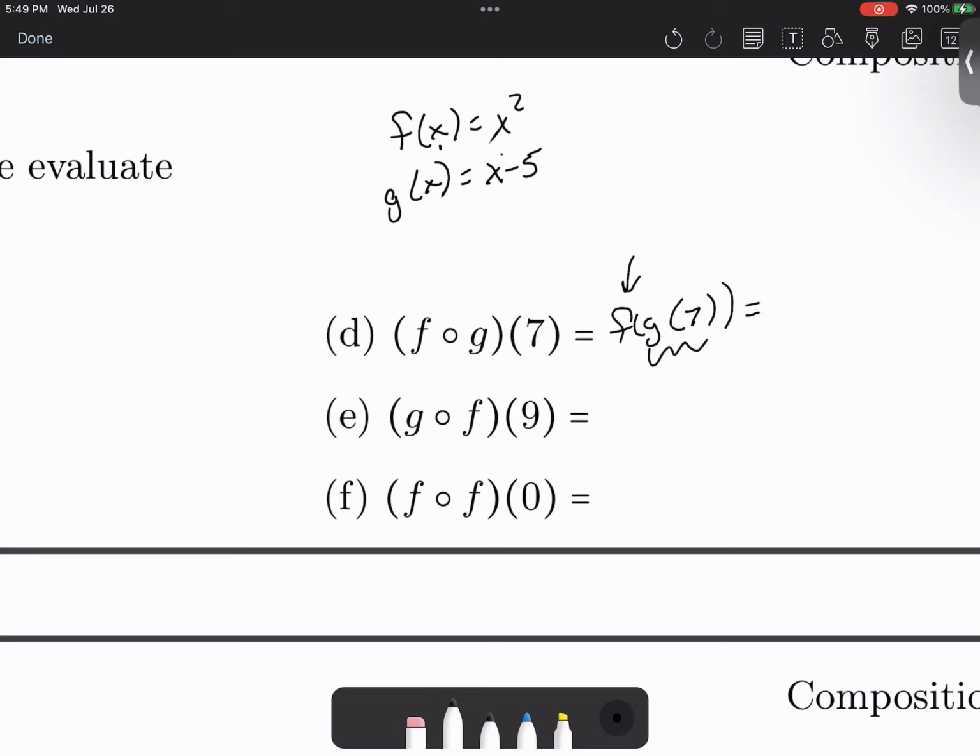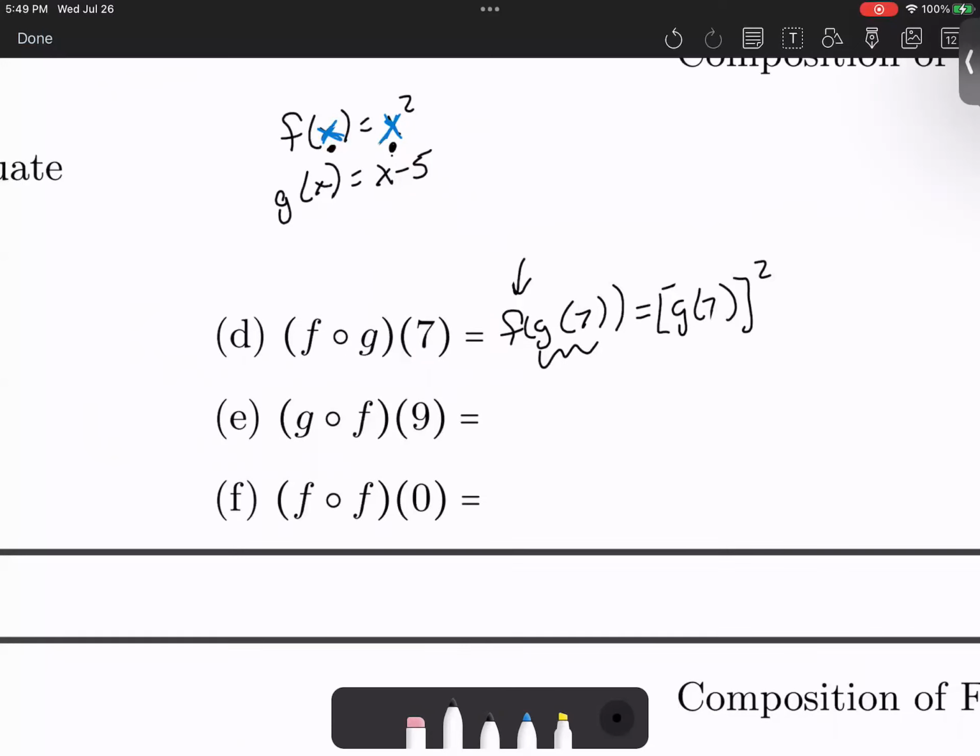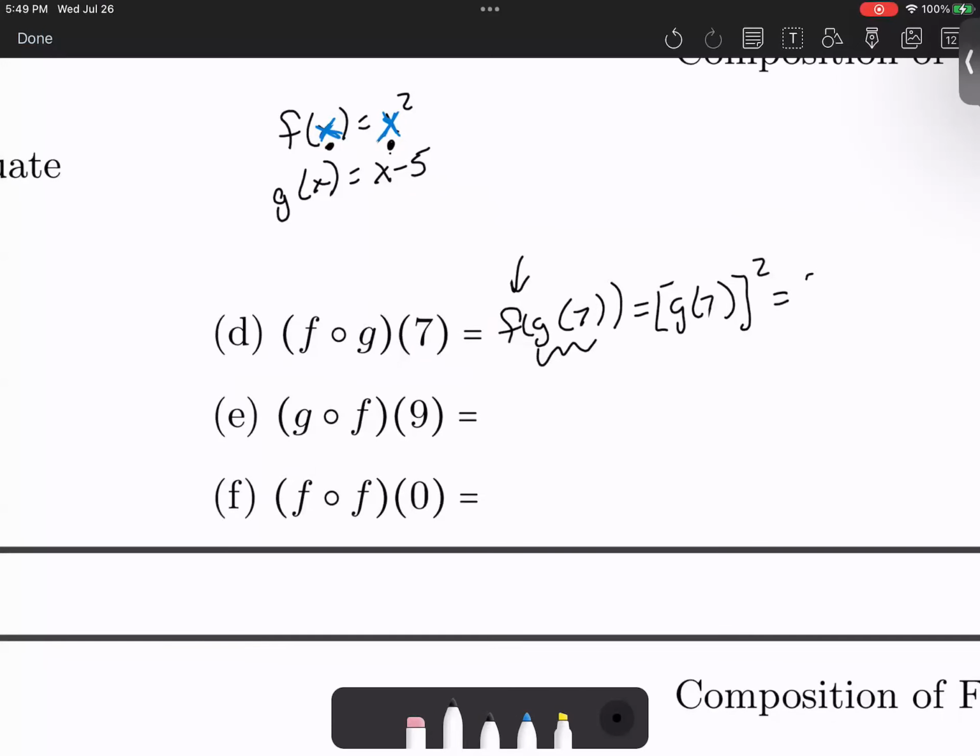If you plug in g of 7 into your f function, it's g of 7 squared, right? I just plugged in g of 7 for these x's. All right, now we could tell ourselves what g of 7 is. G of 7 is 2. And 2 squared is 4.